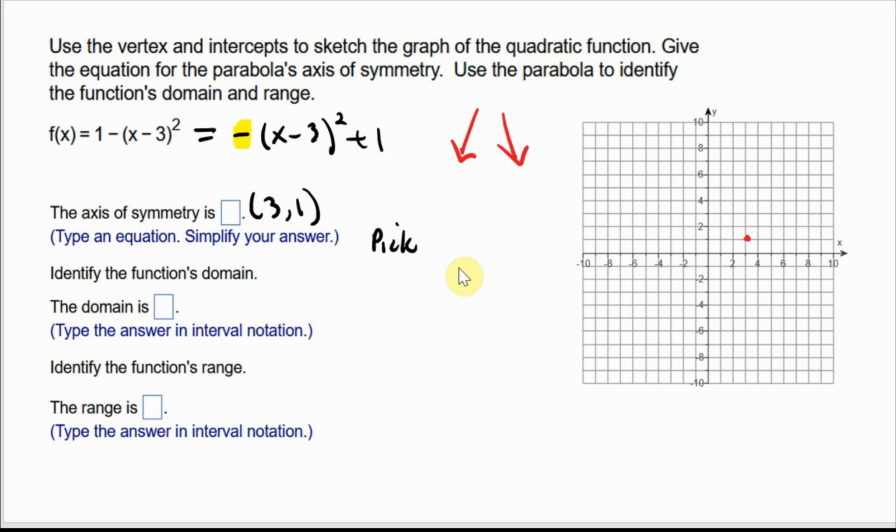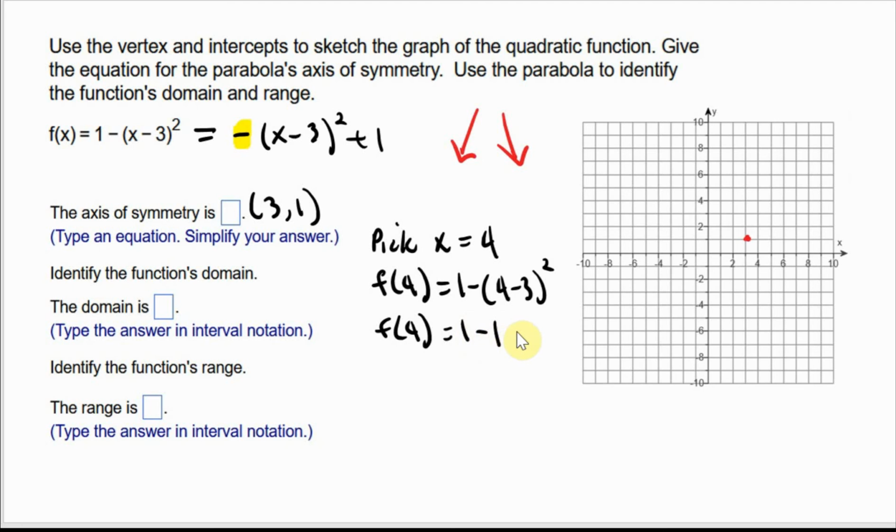So here, let's just pick x equal to 4. So I have f of 4. I'm just trying to find another point on the graph. So this is 1 minus 4 minus 3 squared. So f of 4 is equal to 1 minus 1. That's 0. So 4, 0. I'm there. All right. That same thing happens at 2, 0.